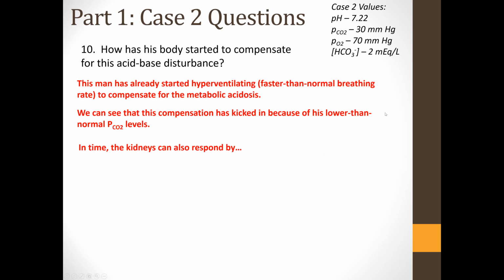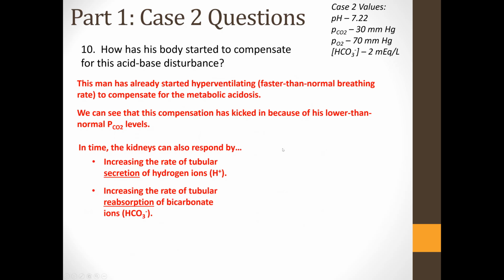In time, the kidneys can also respond by increasing the rate of tubular secretion of hydrogen ions, so putting more hydrogen ions into the urine, and increasing the rate of tubular reabsorption of bicarbonate ions, meaning keeping bicarbonate ions in the blood. This is the same kidney response as we saw for respiratory acidosis.